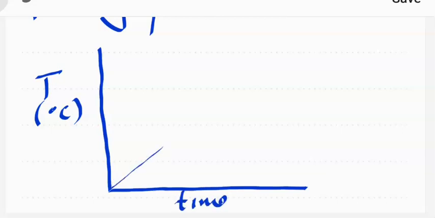If we were to plot a graph of temperature against time, then the graph is going to look like this.